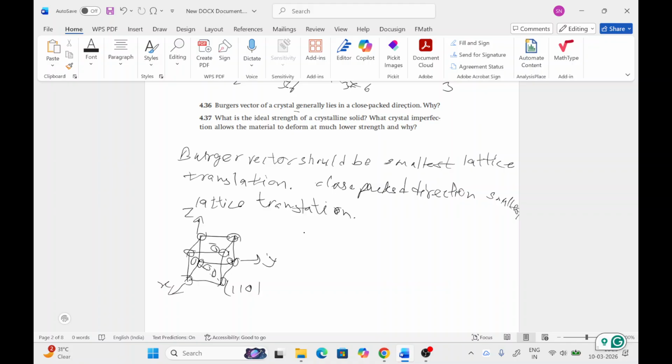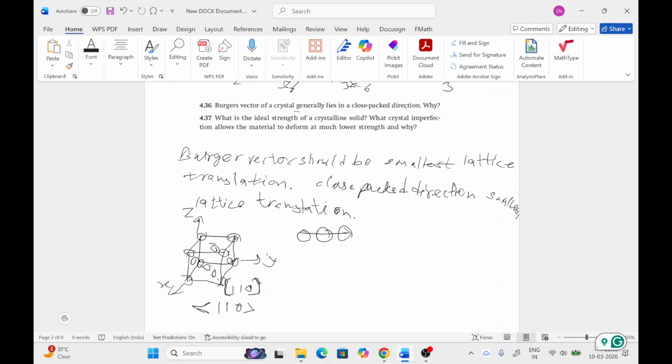All atoms are closely packed in this direction. The family of directions is written in angle brackets, 110. And if we want to write a single direction, we write it in square brackets.